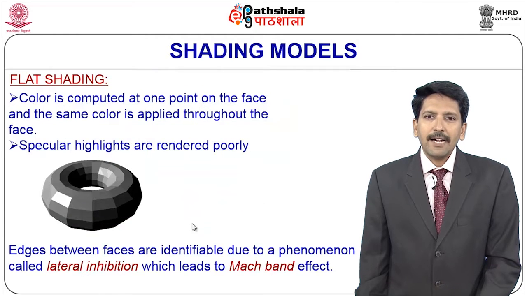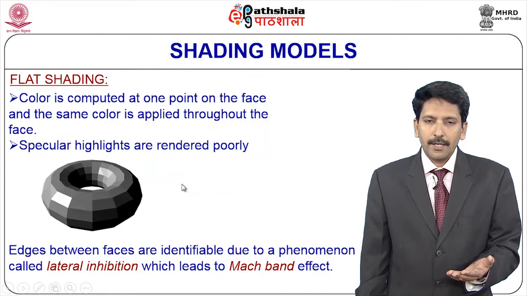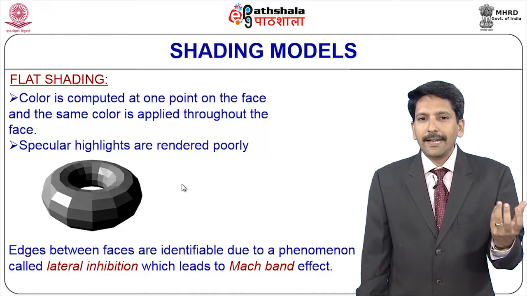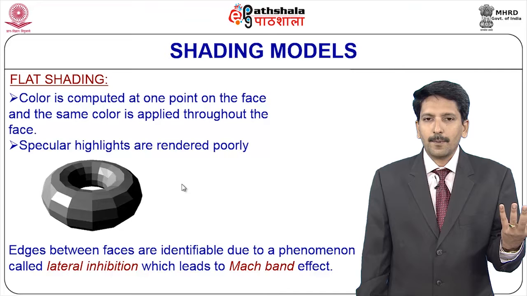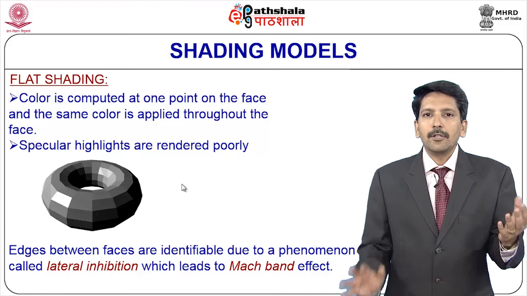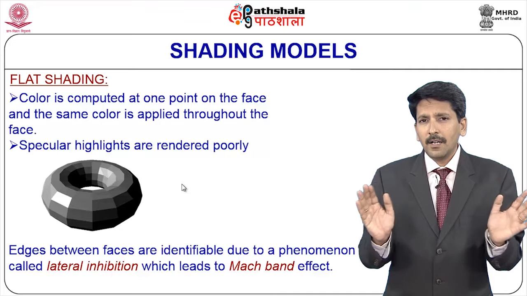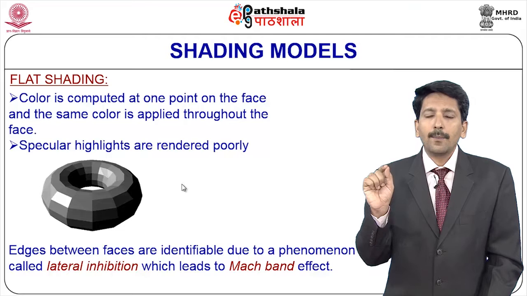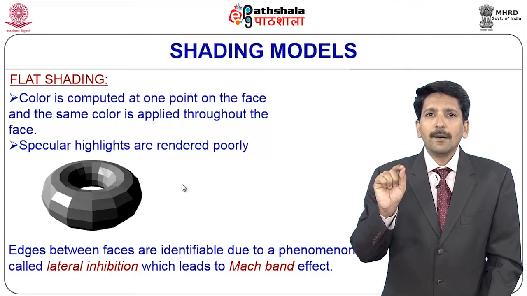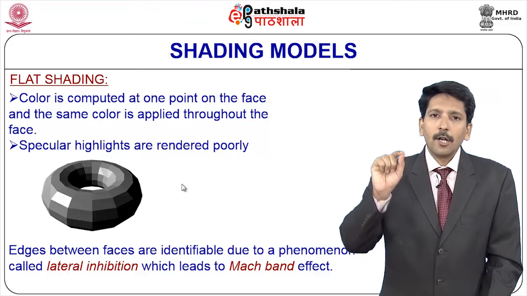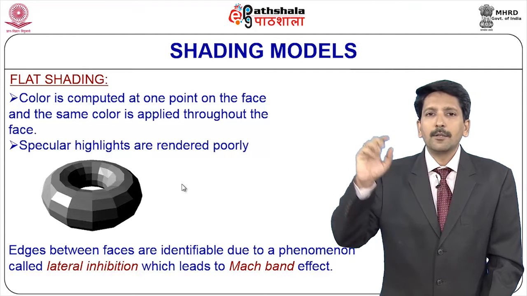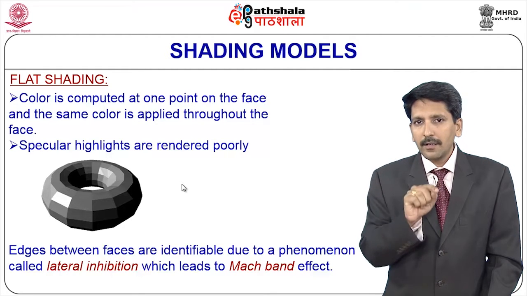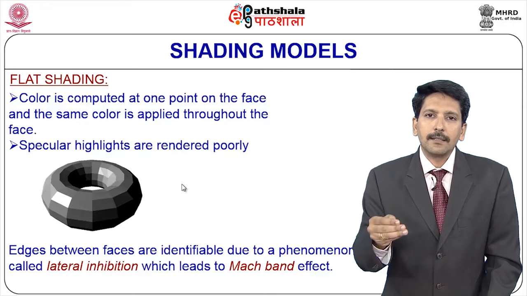So flat shading is a basic version of shading where we tend not to bother much about the various undulations or the kinds of surface properties. We imagine the surfaces are made up of polygonal flat faces. We consider one polygonal face on the object, compute the normal vector for that, compute the amount of reflected light assuming a given light source and a viewing direction, and then for the whole polygonal face we apply the same color or the same intensity.